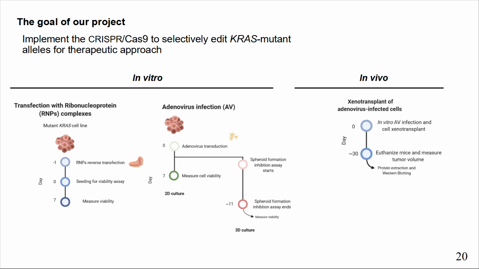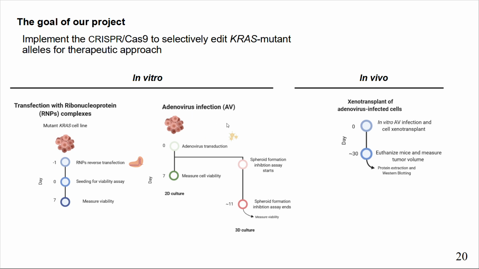The first one, an in vitro approach, can be subdivided into different sub-approaches. First is the transfection with ribonucleoprotein complexes. This is a very simple approach consisting of mixing the purified Cas9 in a tube with the guide RNAs in order to form these complexes. We use these complexes to transfect the cells, and we check cell viability after 7 days.